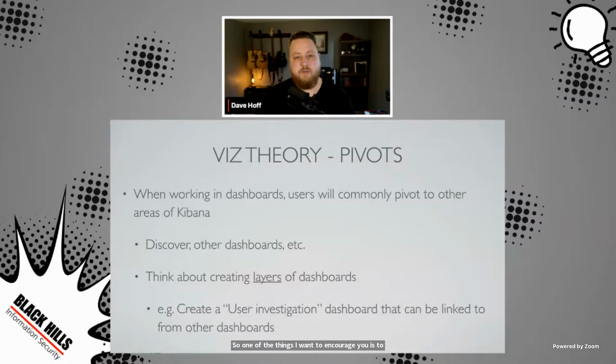And one of the ways we can do that is by creating layers of dashboards that interlink with one another. When you add filters from a visualization, you do get the option, and I'll show you this in a minute, to pin those filters so that they follow you throughout Kibana. But we'll talk a lot about different ways you can reduce that friction to moving about in Kibana and even to external log sources to make your investigations more efficient and more productive.